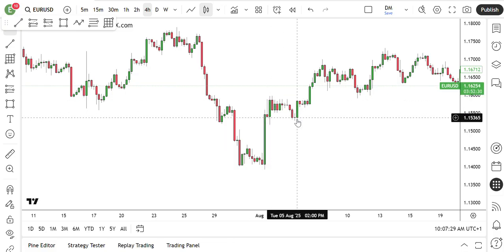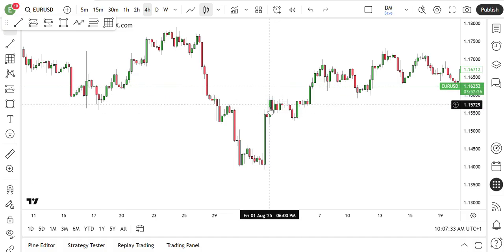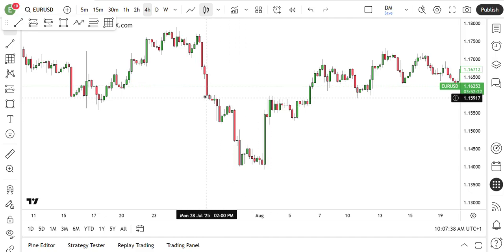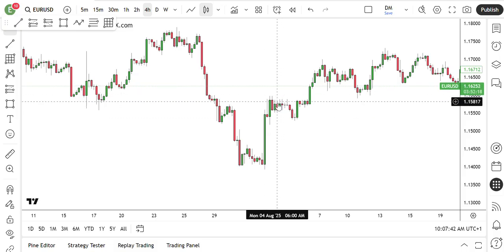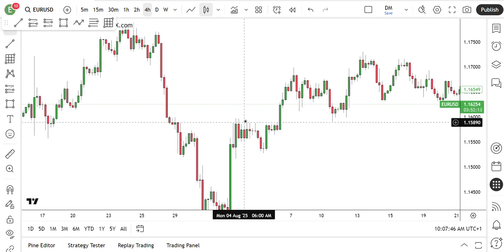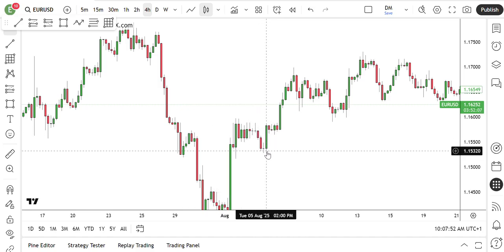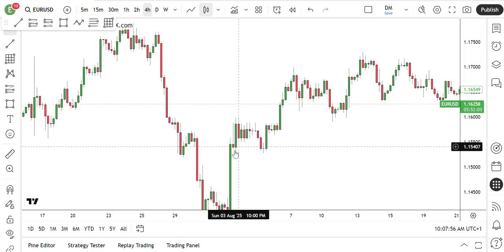From here we had some rejection, some supply, so people were still trying to sell from this level, and it was quite difficult for them, but buyers kept on going, not once, not twice, not three times, about 6 times. They almost got taken out, but they were able to find support in this place.